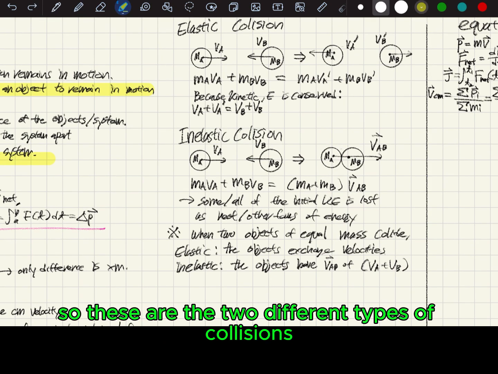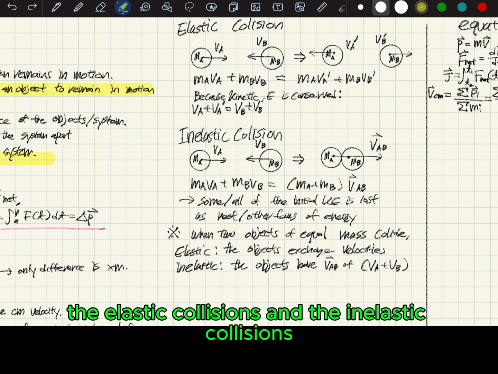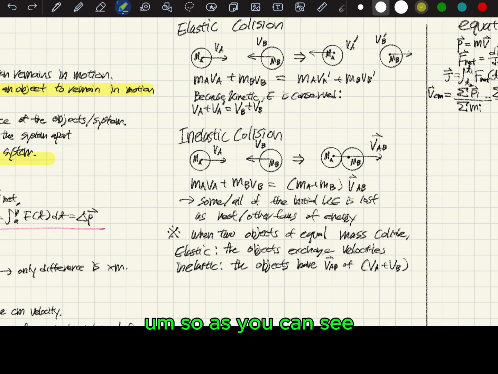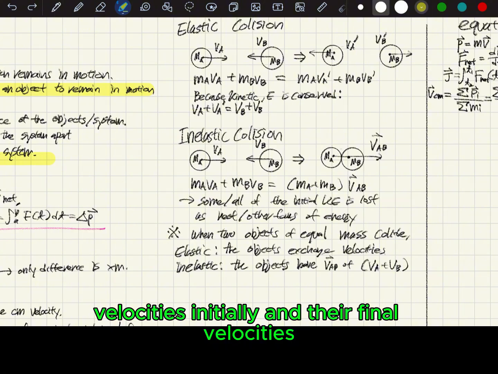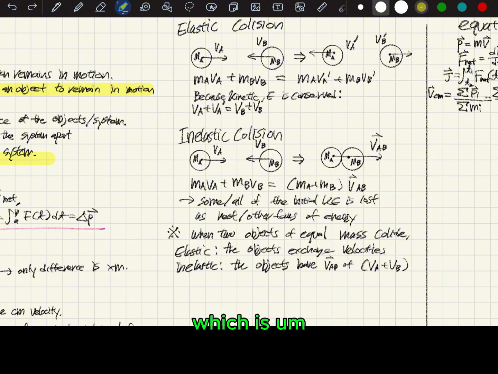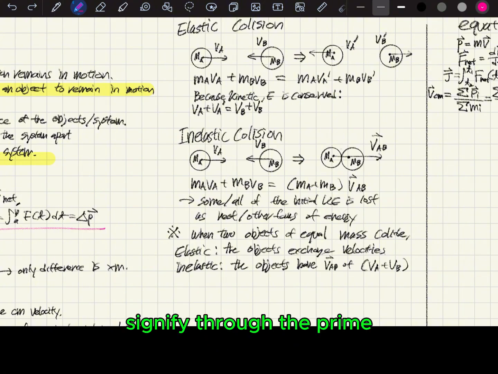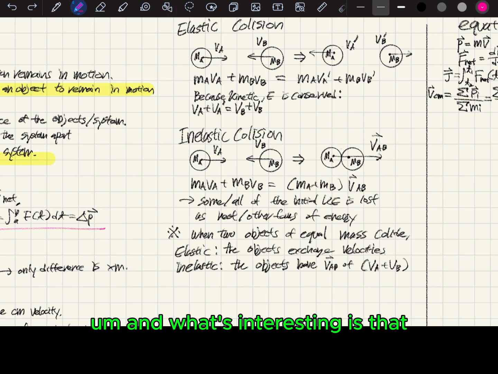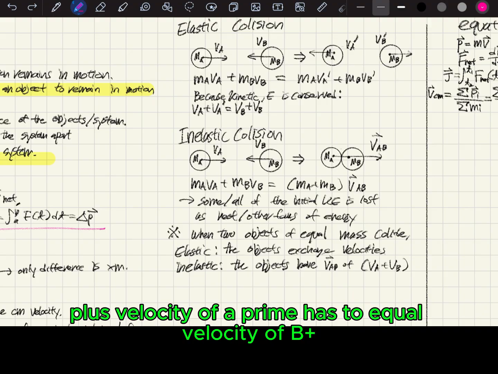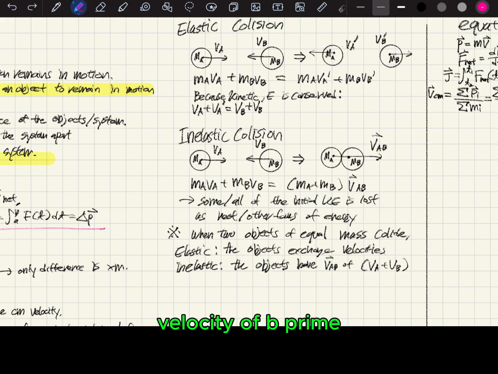So these are the two different types of collisions, the elastic collisions and the inelastic collisions. As you can see, there's a diagram, mass A, mass B, their initial velocities, and their final velocities, which are signified through the prime. What's interesting is that because kinetic energy is conserved, the velocity of A plus velocity of A prime has to equal velocity of B plus velocity of B prime.